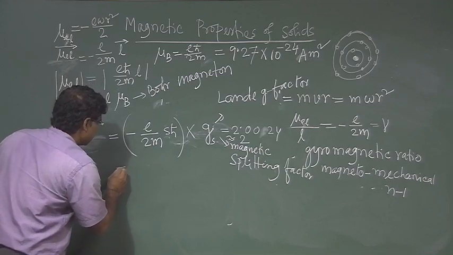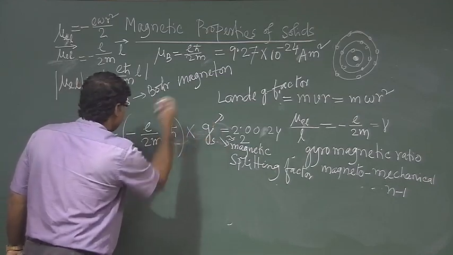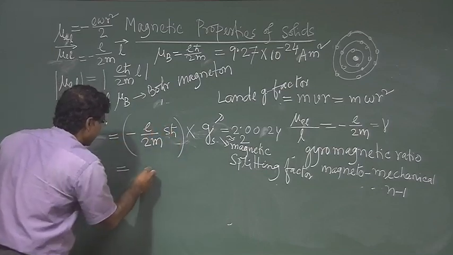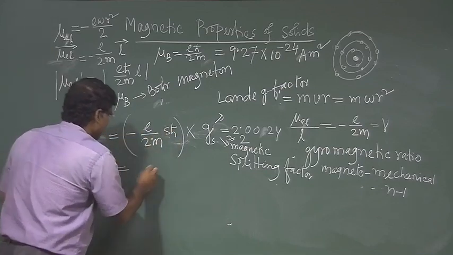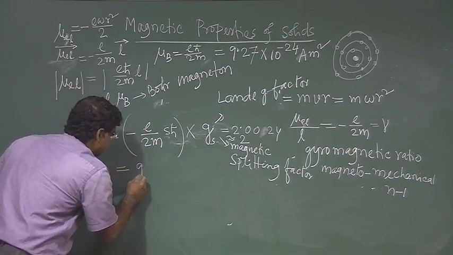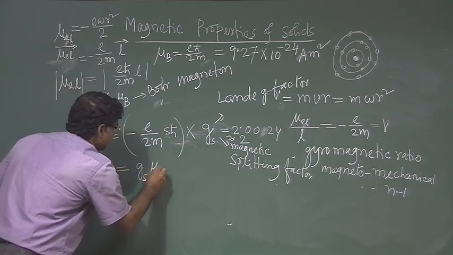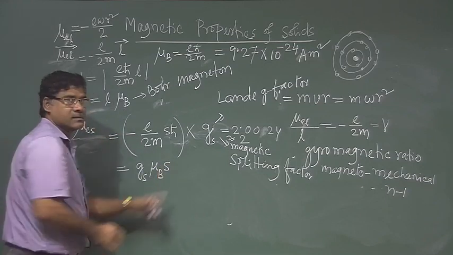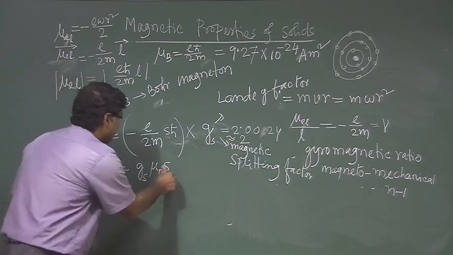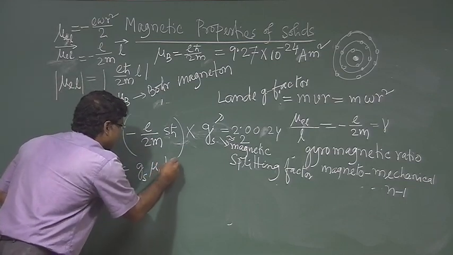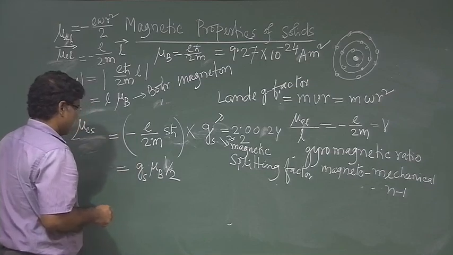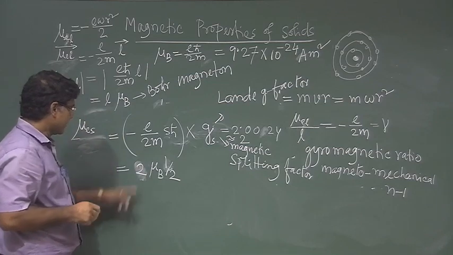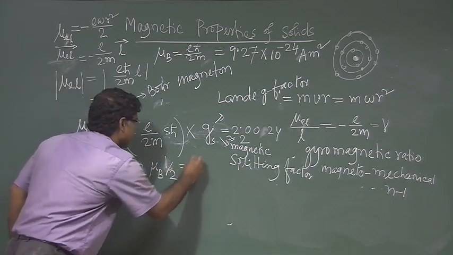So, this is always 2, and this e h cross over 2m is mu_B. So, we are getting g_s mu_B s. For electron spin, s is half, all the time it is half for an electron, and g is taken as 2 for electron spin. So, it is basically mu_B.